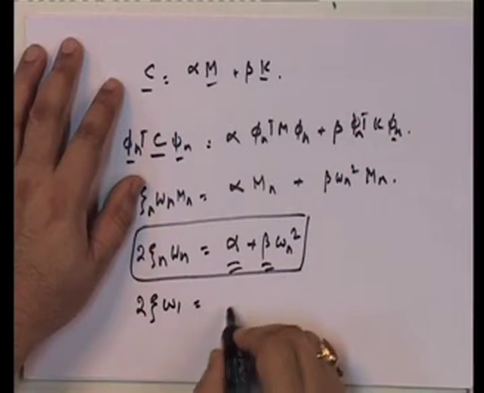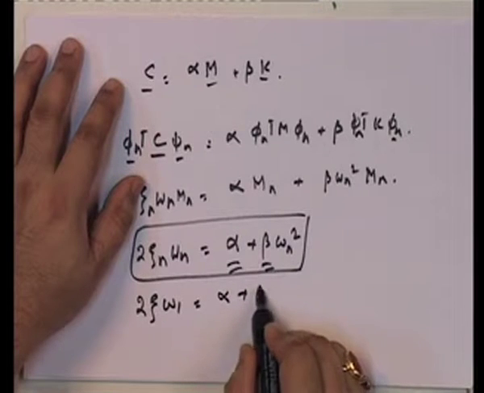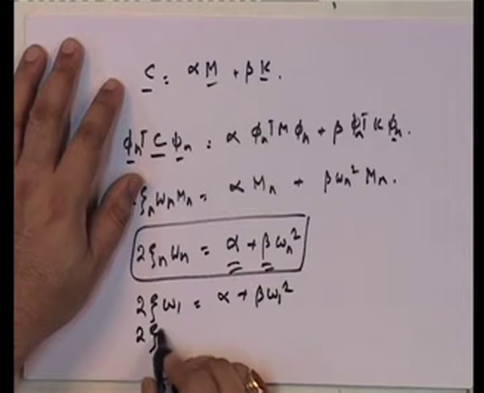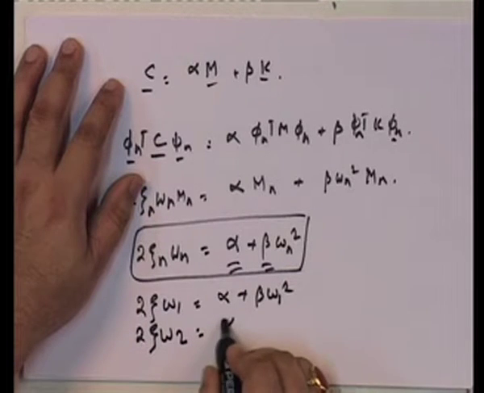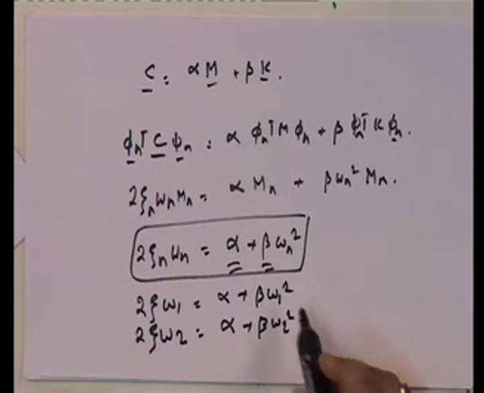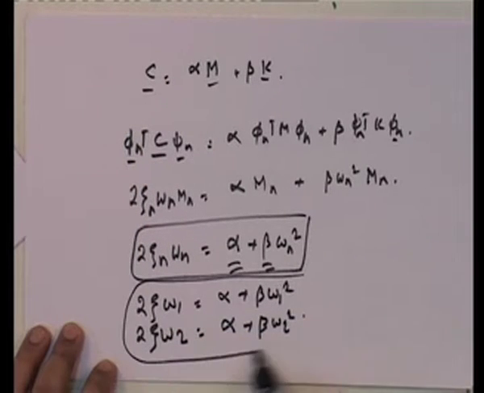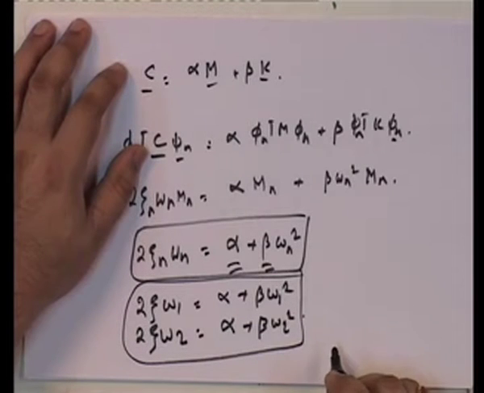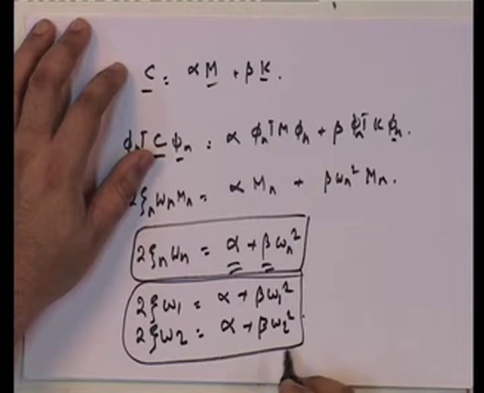So, I say 2 xi omega 1 is equal to alpha plus beta omega 1 squared, and I am going to say 2 xi omega 2 is equal to alpha plus beta omega 2 squared. These are two modes. So, let us see what happens. And I am going to take the 2 out.